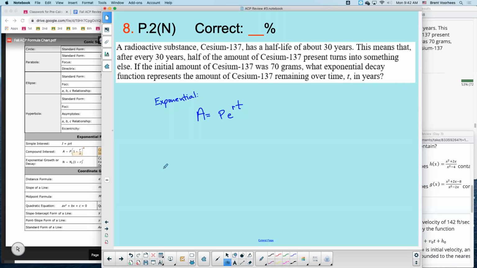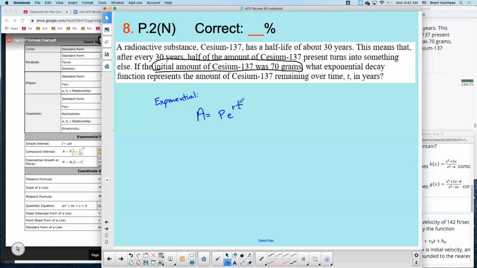So this says it has a half-life of about 30 years. What that means is that every 30 years, half the amount of cesium present turns into something else. So like if you started with an amount, it tells you the initial amount is 70. Okay, so question for you, or I guess I'll call it vocabulary.